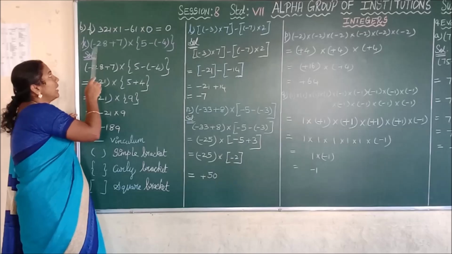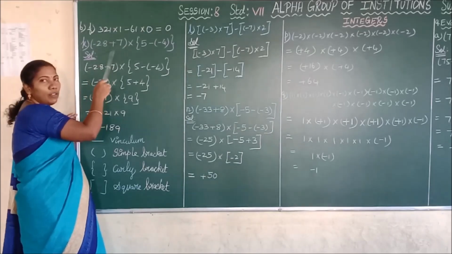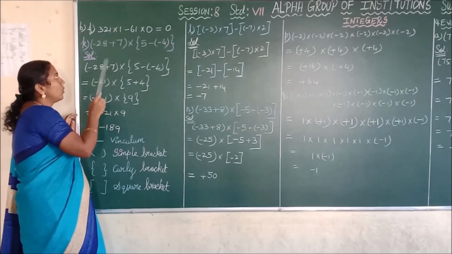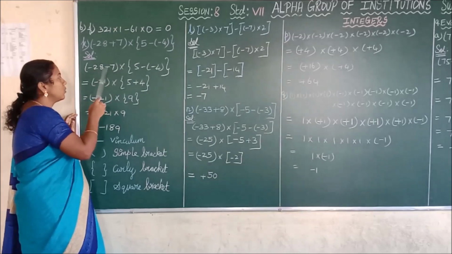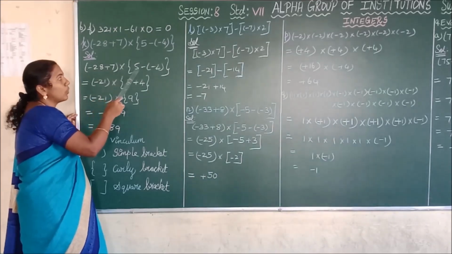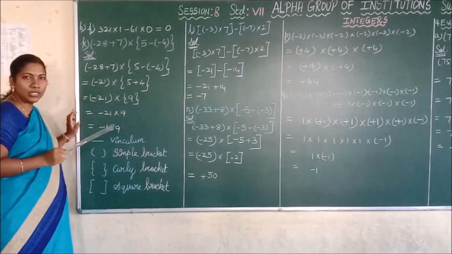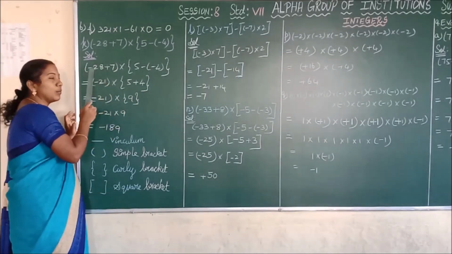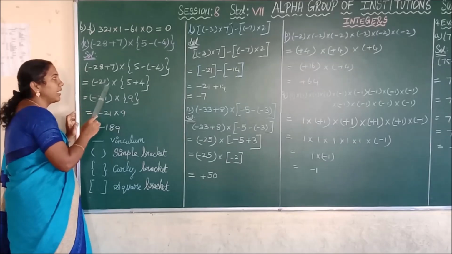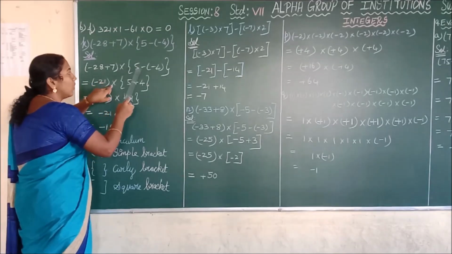That is minus 28 plus 7. First we are evaluating. Minus 21. Second we are writing the question here. Minus 28 plus 7 into 5 minus of minus 4. Given two integers are of different signs, you have to subtract the smaller number from the bigger number. You get minus 21 into 5.